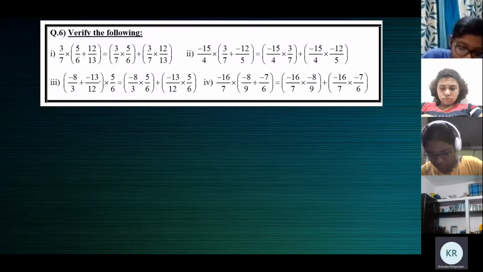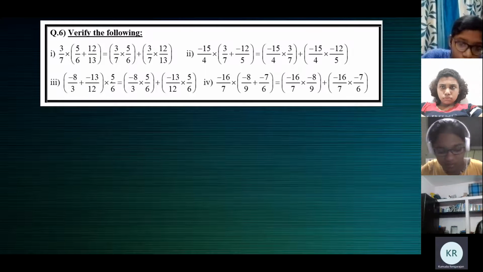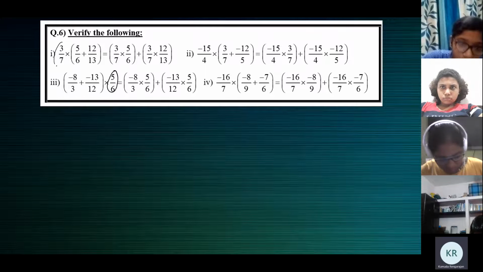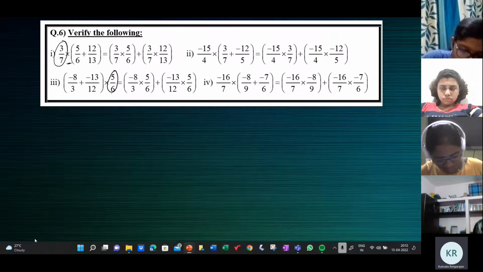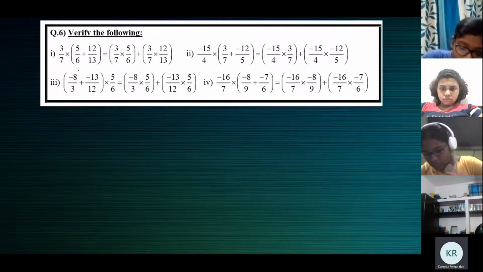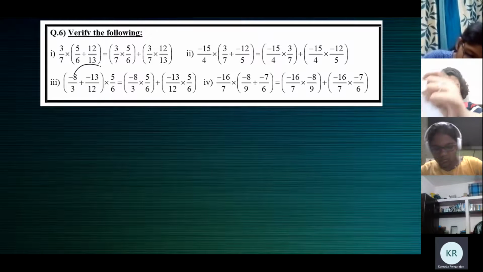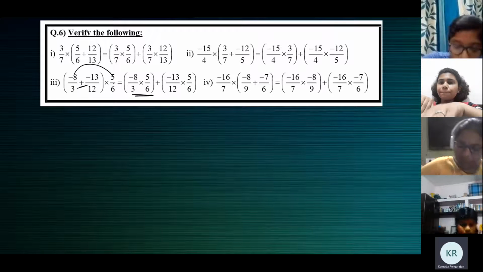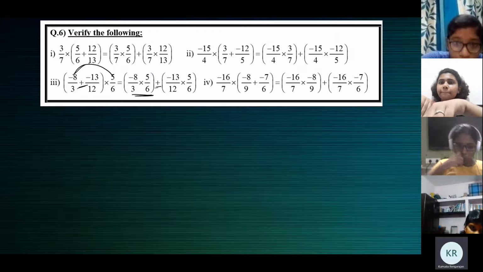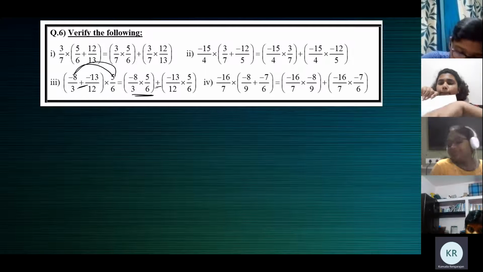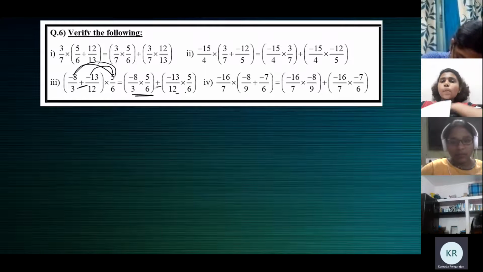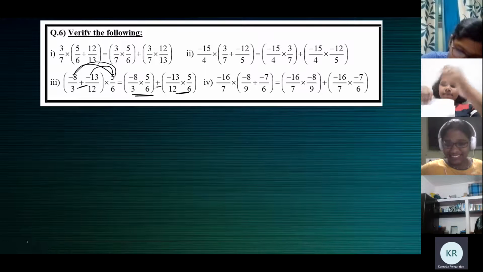So 3 is also distributive property. Just that this one is here, into 5 by 6 is in the end, like we have 3 by 7 here in the beginning. That's all. It's the same thing. Let me tell you clearly again.